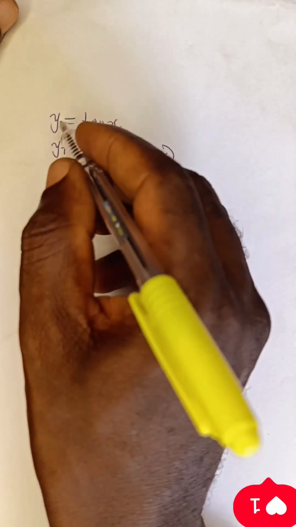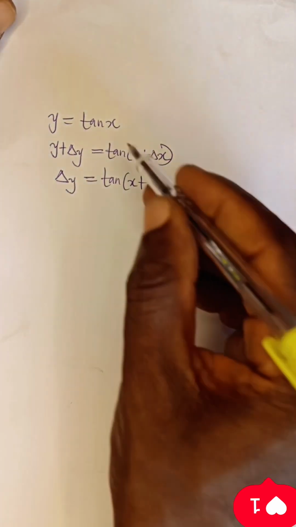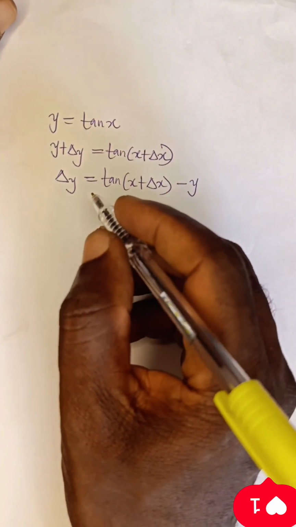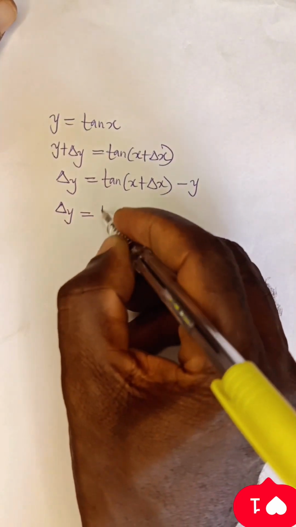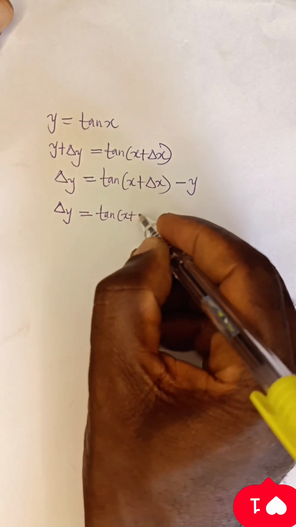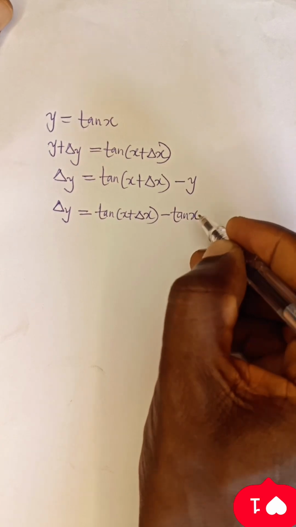What is our y? Our y is the initial function, which is tan x. So we replace this y with tan x. So what we have is change in y is equal to tan(x + change in x) minus tan x.